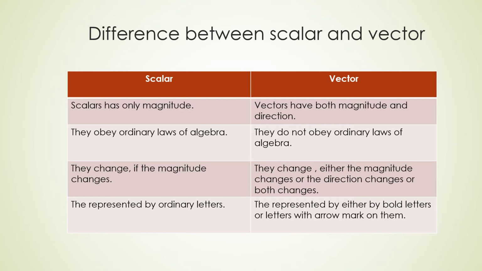Next, we'll study the difference between scalar and vector quantity. Scalar has only magnitude, but vector has both magnitude and direction.